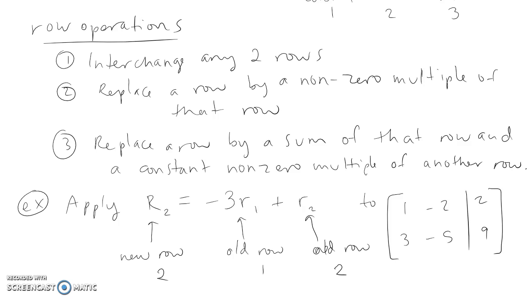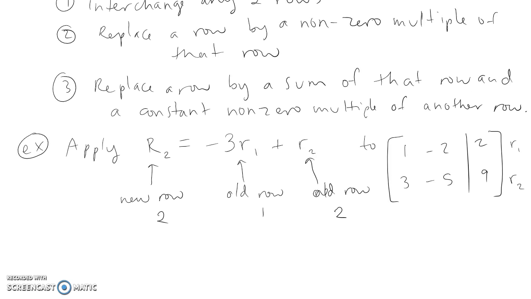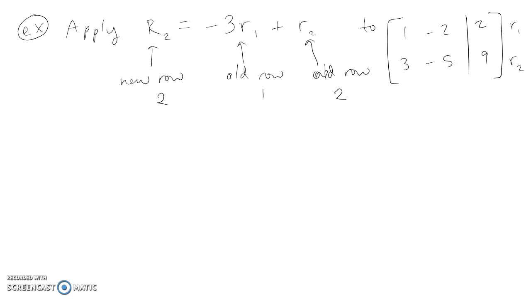Okay, so this is R1 and this is R2. We're going to apply this row operation to create a new row 2. It's telling us to take -3 times row 1. So -3 times 1, -2, 2. I'm making an adjusted matrix here, and when I do that, I get -3, +6, and -6.